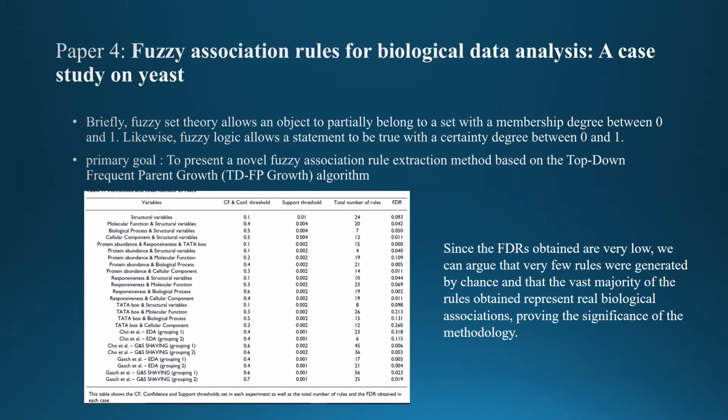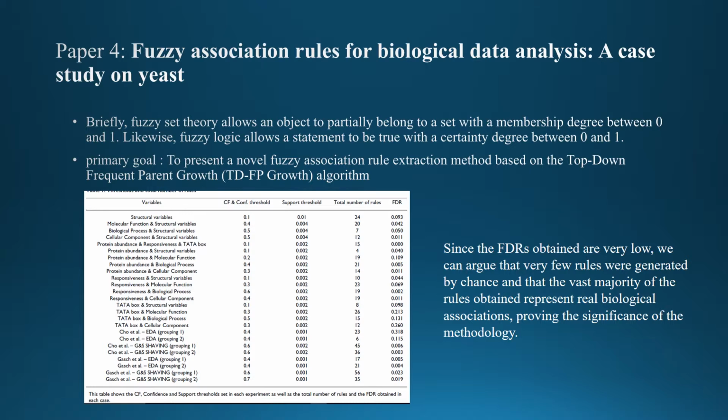The certainty factors, confidence and support thresholds were varied in each study to obtain a number of rules which could be easily analyzed by the expert. The threshold values and the total number of rules obtained in each experiment are detailed in the table.